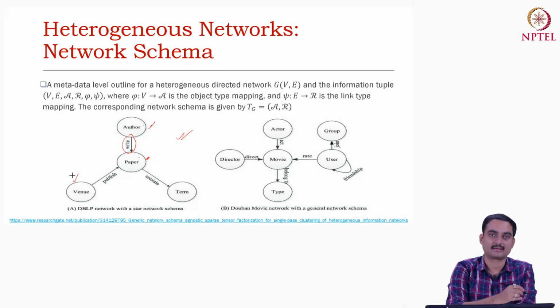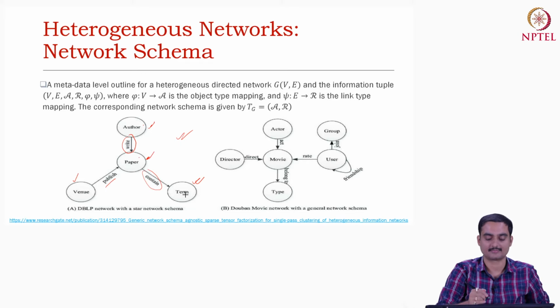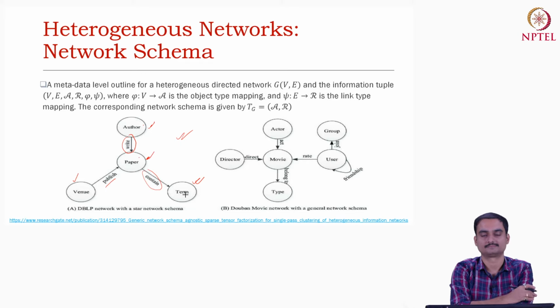A publication venue can be connected to a paper through the relation publish. A keyword, a key term, can be connected to a paper in terms of contents. A paper contains a particular term. So, this is basically a network schema.